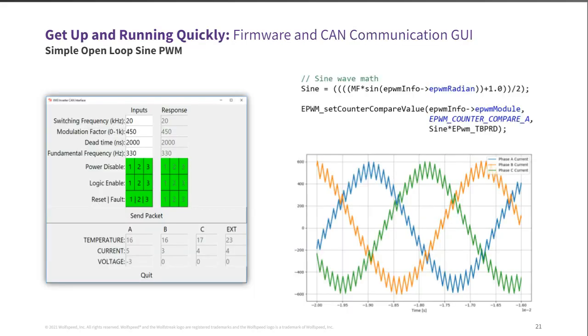So the firmware that we do offer really is just simple open loop sine PWM. We also offer a CAN communication GUI. Out of the box, this comes set up and ready to go for just this simple sine PWM output.